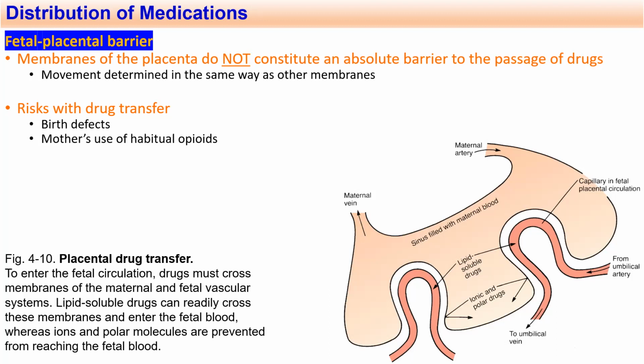The risk with drug transfer is that birth defects will result, including mental retardation, gross malformations, low birth weights. The mother's use of habitual opioids could result in the birth of a drug-dependent baby.